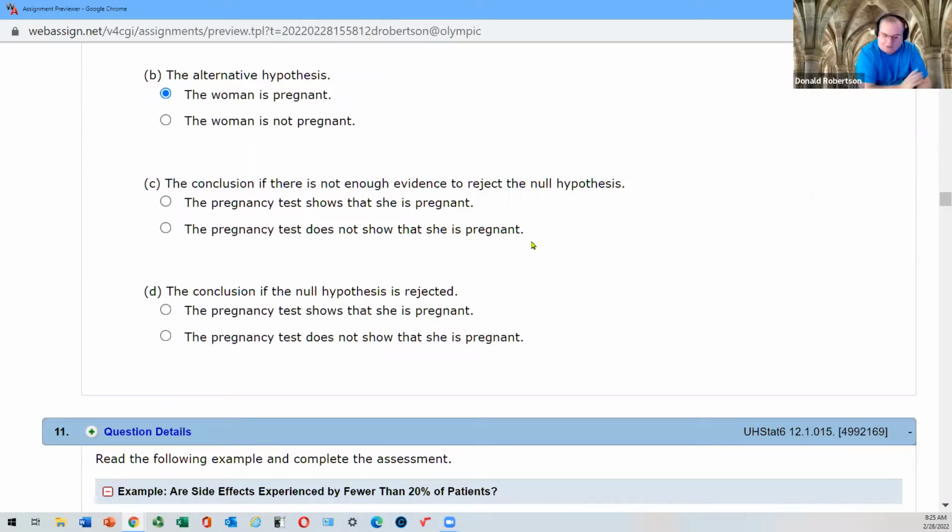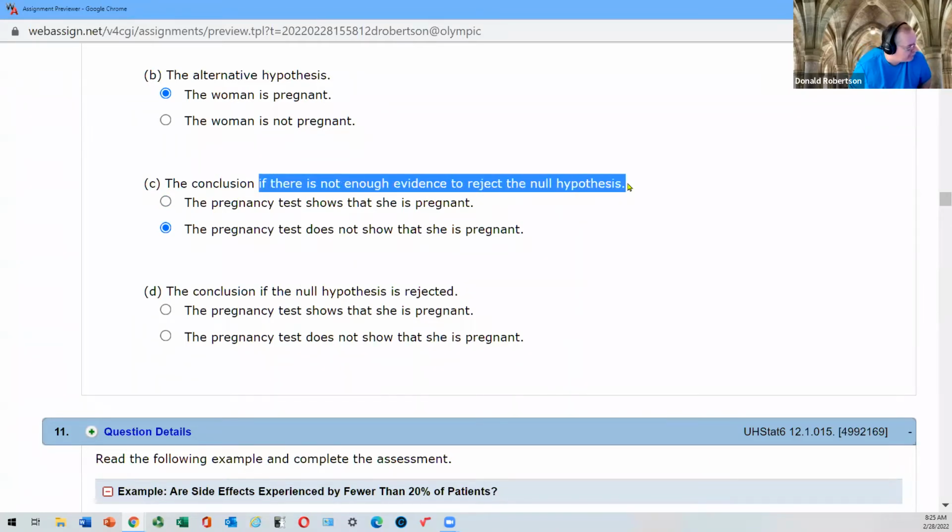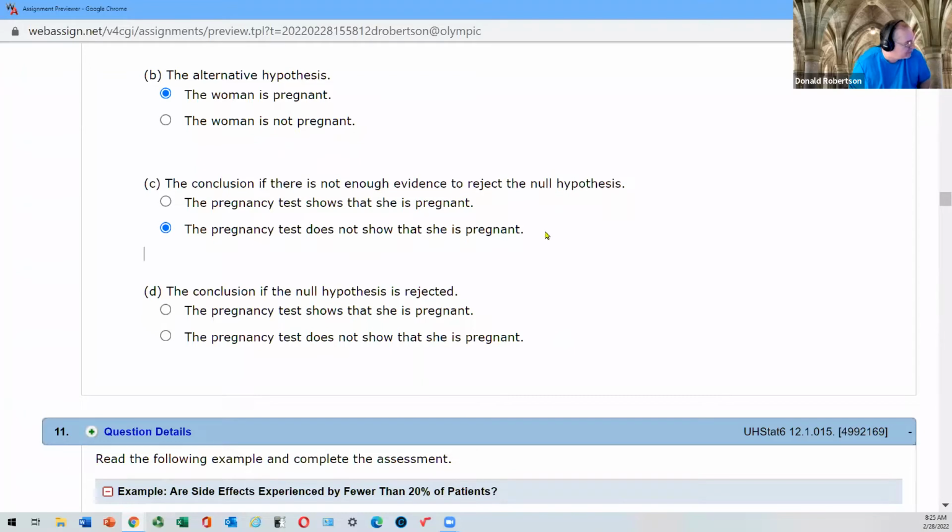Basically, you get the little test and the little blue thing and the arrow, whatever it is that you're using, and it tells you, would that be the pregnancy test shows that she is pregnant? If there's not enough evidence to reject the null hypothesis, then that just is that one. I should have phrased that. The conclusion is, if there's not enough evidence to reject the null hypothesis, doesn't that transfer as the pregnancy test does not show that she's pregnant?